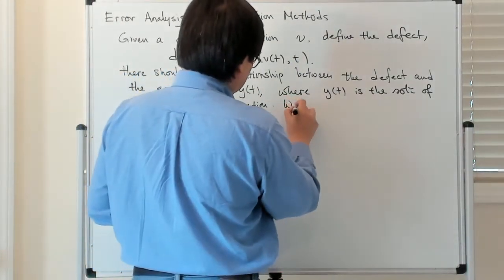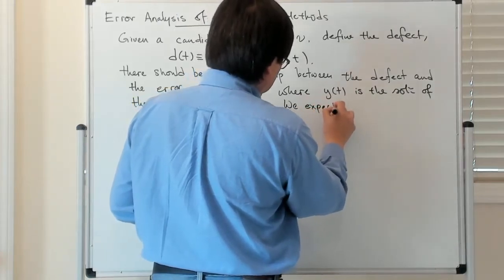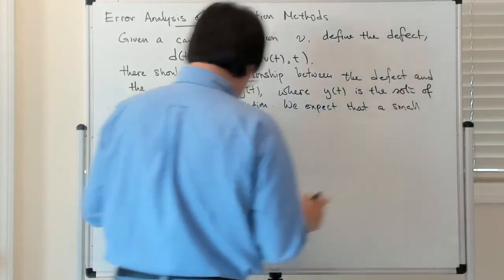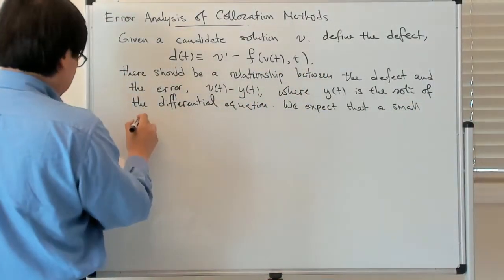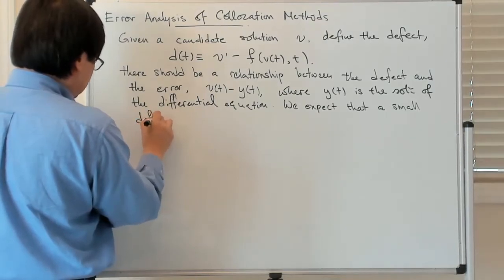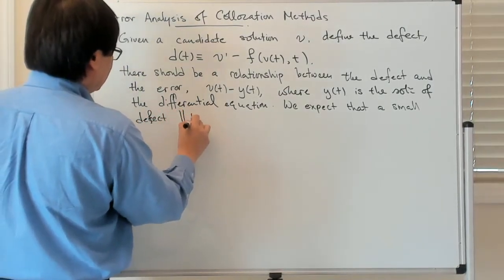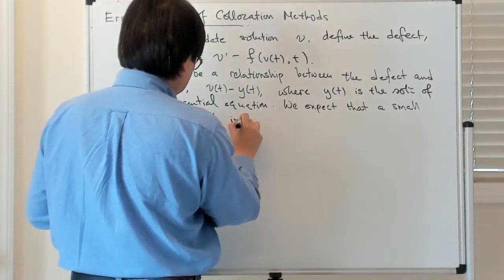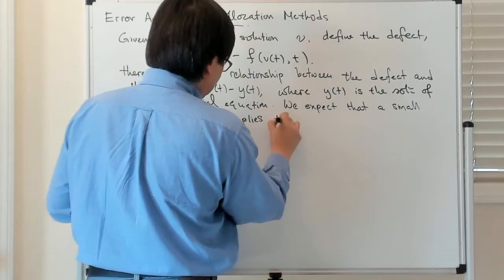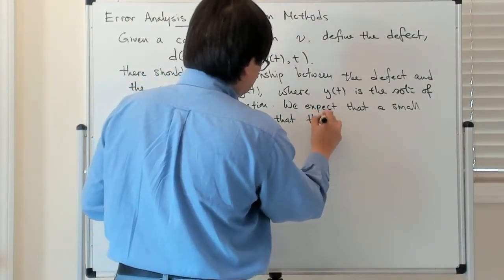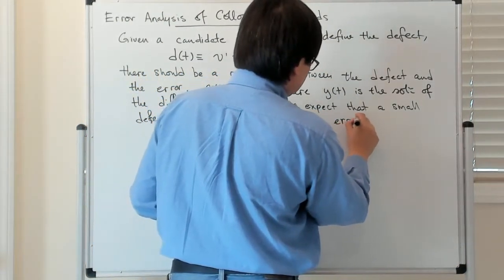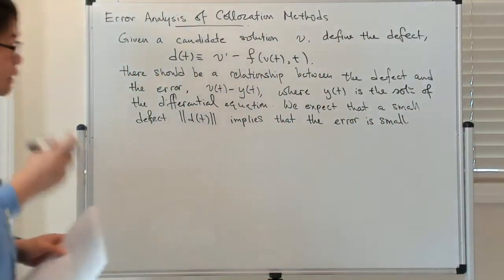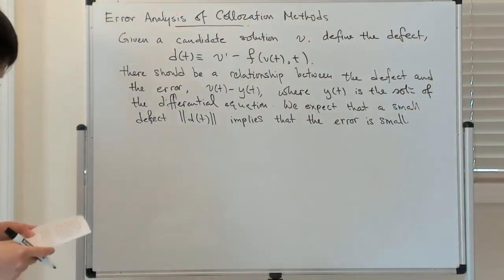So we expect that a small defect, say the norm of d of t, implies that the error is small. Okay, so let's try to make that intuition more precise and more rigorous.